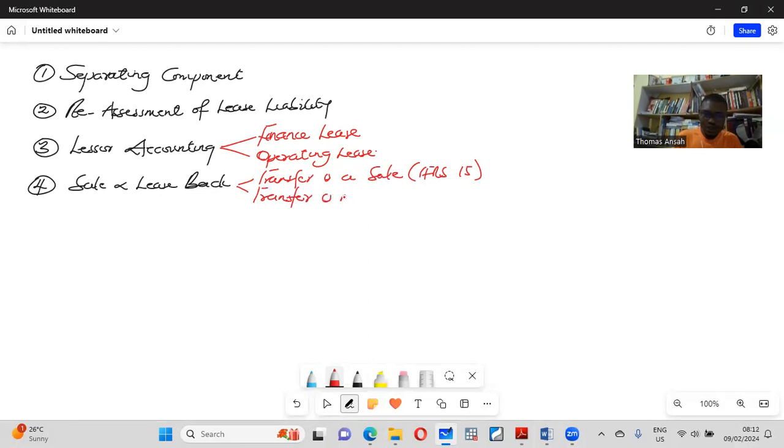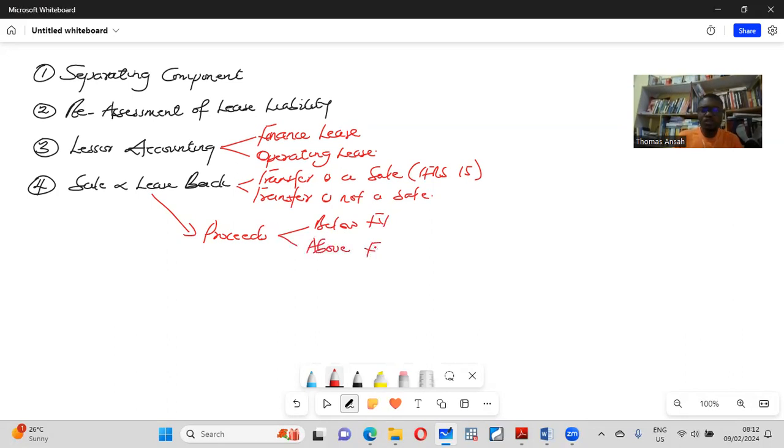So the transfer is not a sale. All right, so that is what we're going to look at. And lastly, we will also understand when the proceeds that you receive from those transfers are below the fair value or above the fair value.